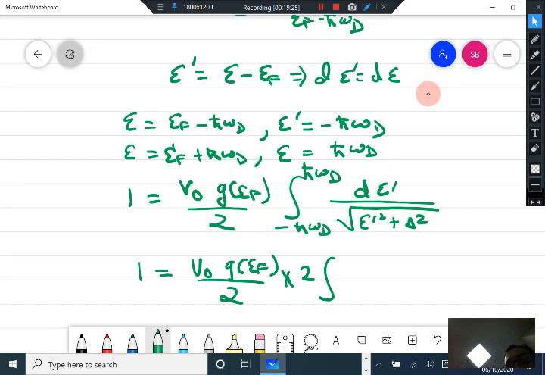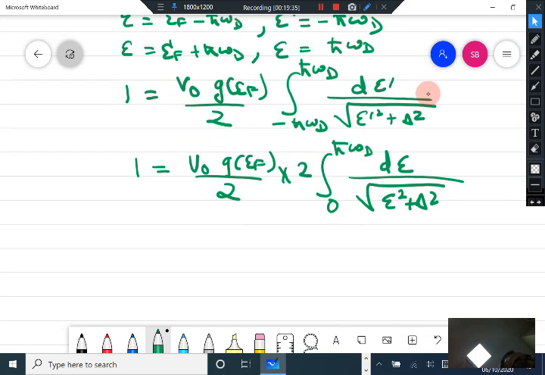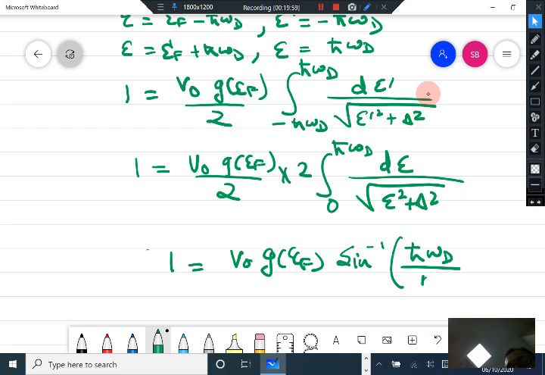This is nothing else but V naught g of EF by 2 into 2, times, for this symmetric function, the integral from 0 to h cross omega d, dE divided by square root of E square plus delta square. You can show that this is sine hyperbolic inverse. So 1 is equal to V naught into g of EF, the density of states at the Fermi energy, into sine hyperbolic inverse of h cross omega d by delta.